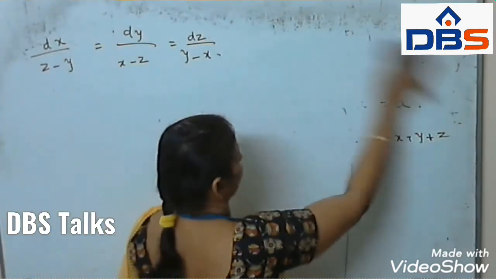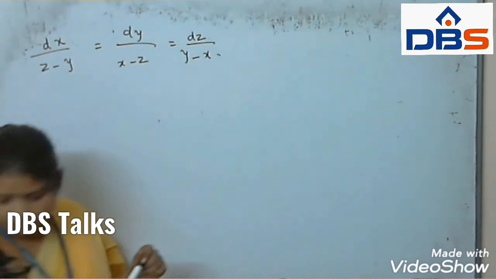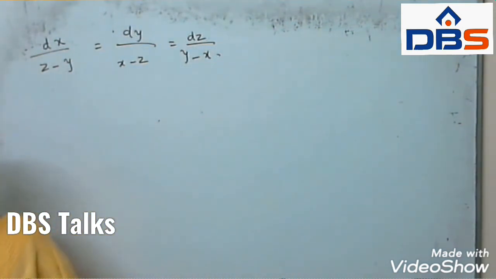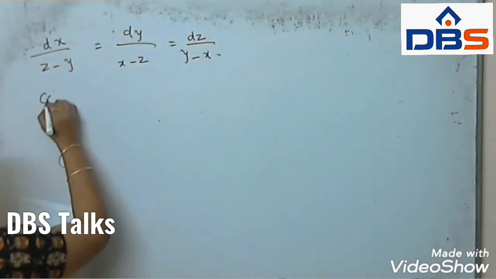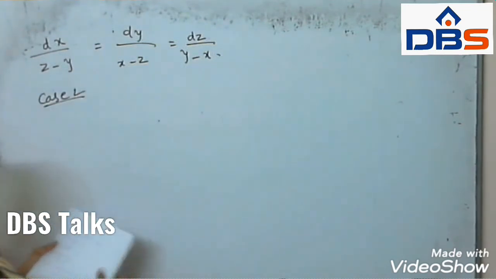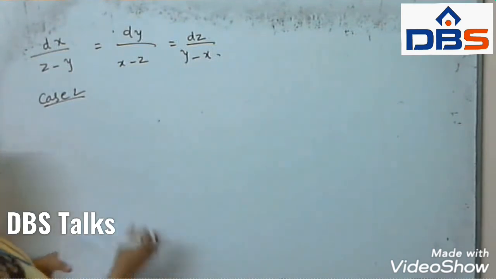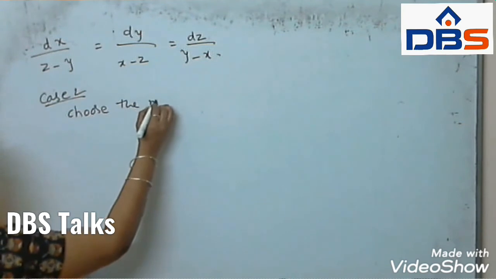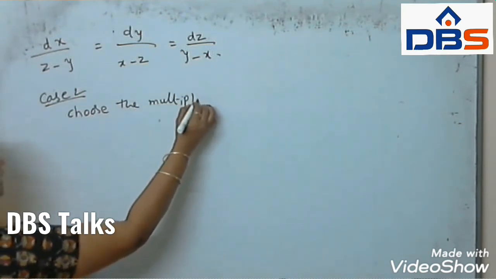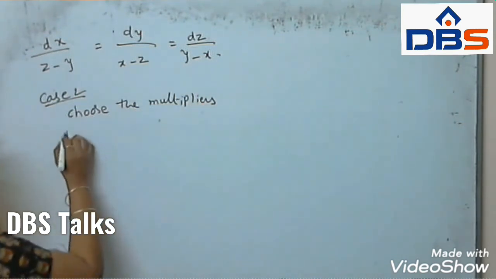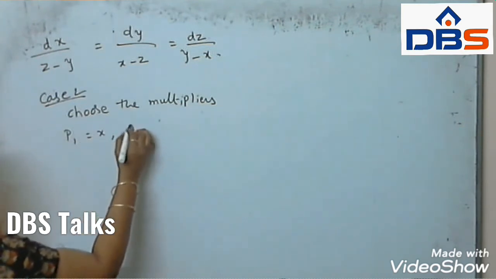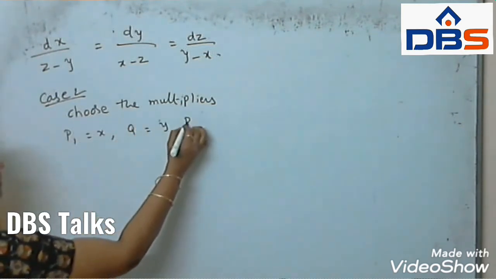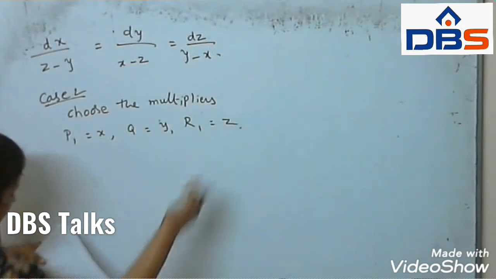Next, second case. Case 2. You have to find the v also. Choose the multipliers P1 equal to x, Q1 equal to y, R1 equal to z.